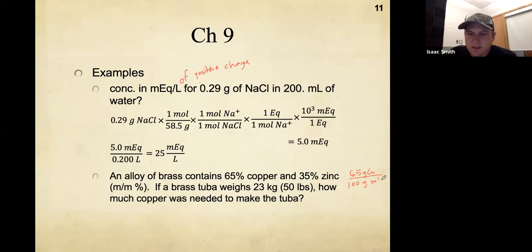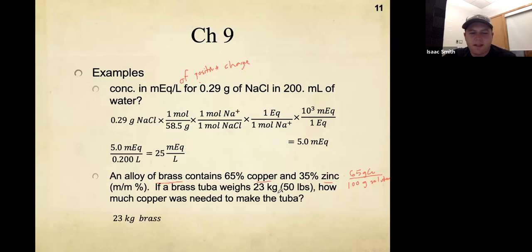So this would be 100 grams of the solution. Basically, it says if you have 100 grams of brass, then 65 grams of that will be copper and 35 grams are zinc.